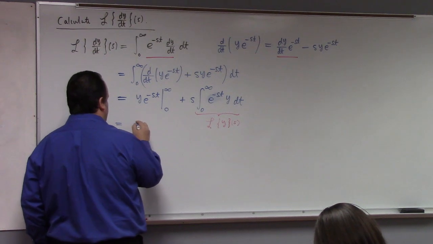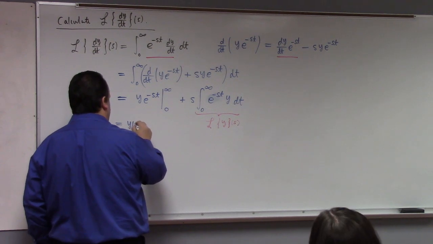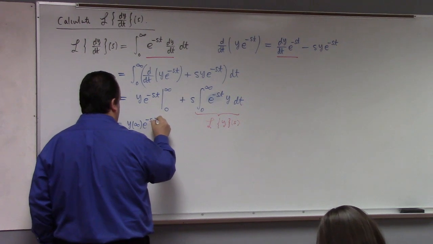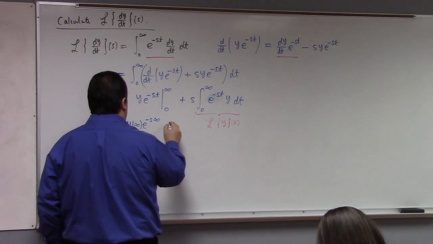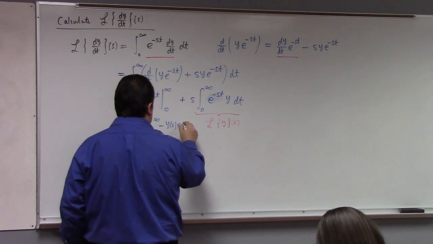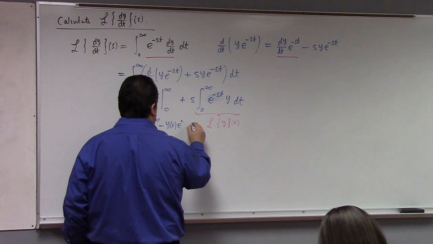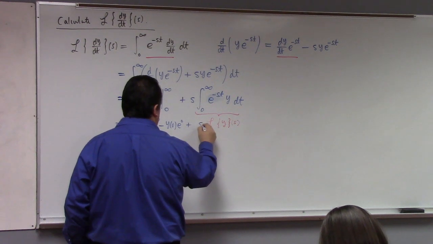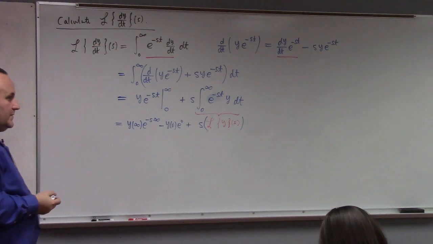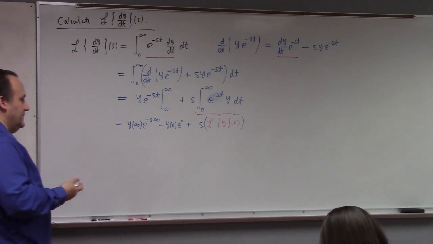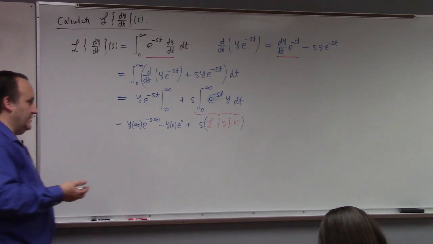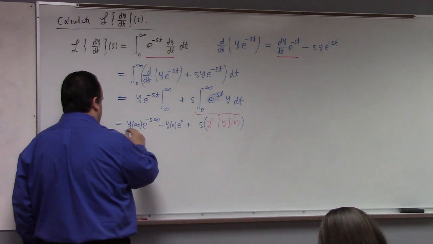The other piece, well, let's work it out. We'd have something like y at infinity times e to the minus s times infinity, and then minus y of 0 e to the 0. So technically that's plus s times this, right? The thing is, if y has exponential order alpha, then if we look at this more carefully, what would this be?